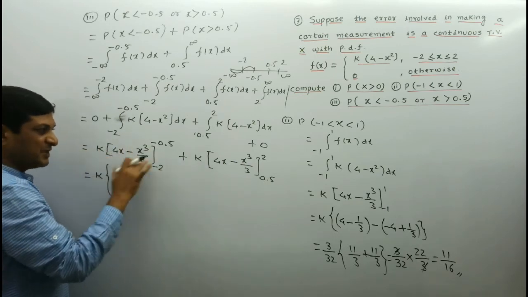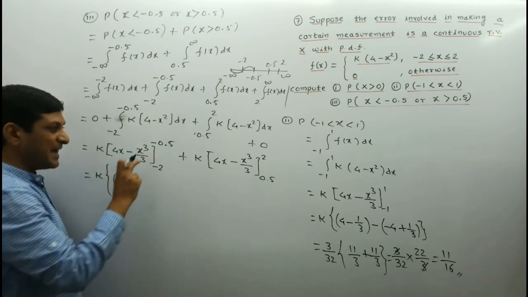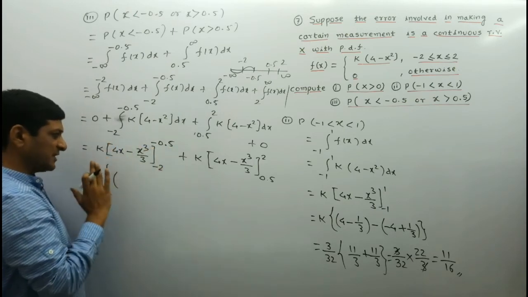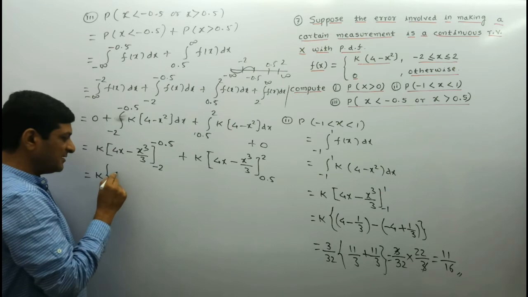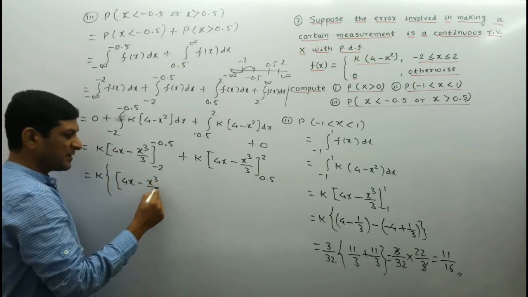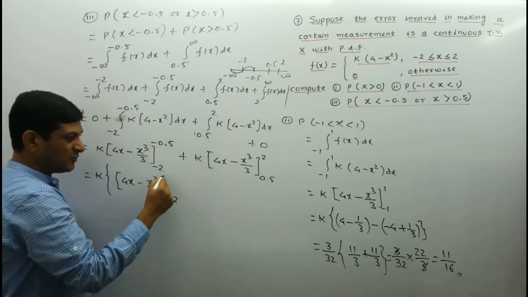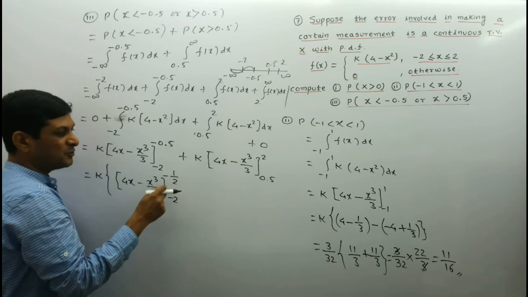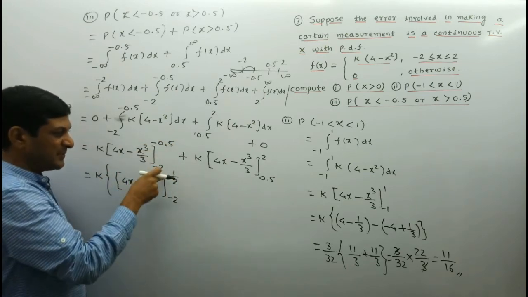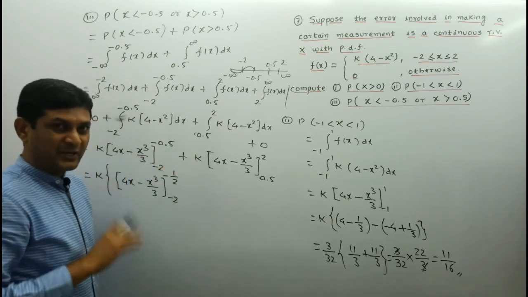First I am substituting the upper limit, means I am replacing x by minus 0.5. Before that, for simplicity, so that our calculation becomes simple, I am replacing minus 0.5 by minus 1 by 2, because 1 by 2 is nothing but 0.5.